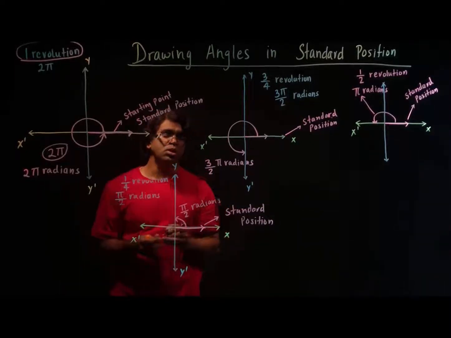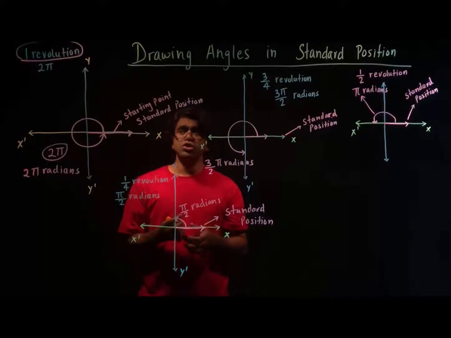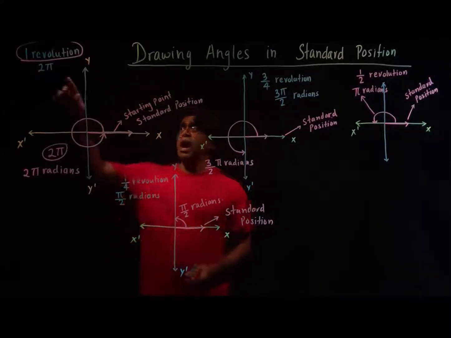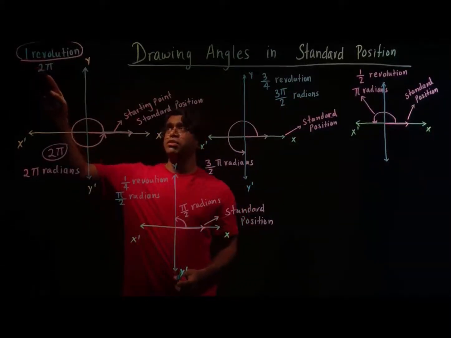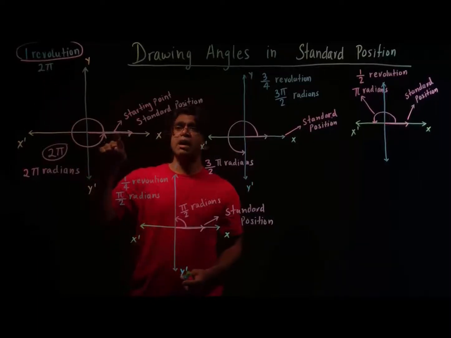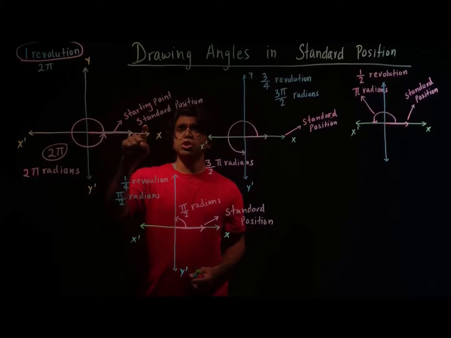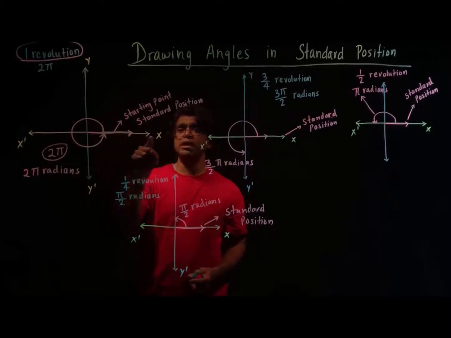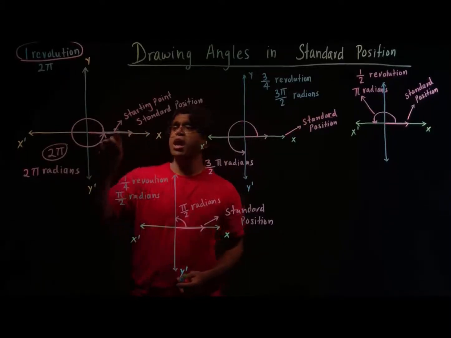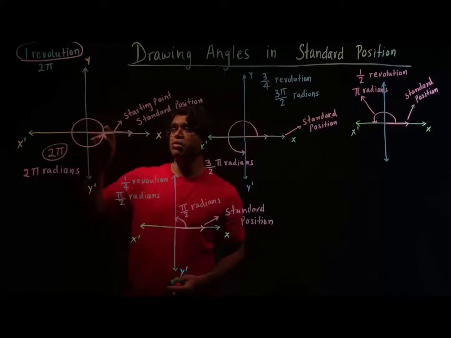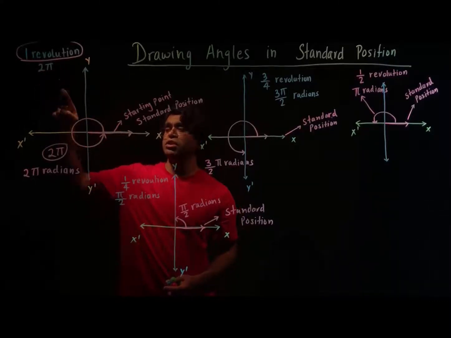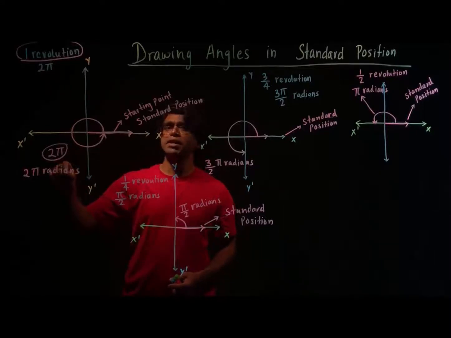So if you have to do one revolution, which is basically 2 pi, you start with the standard position, your starting point at the x-axis, and then you go one circle around, which is one revolution, equal to 2 pi radians.